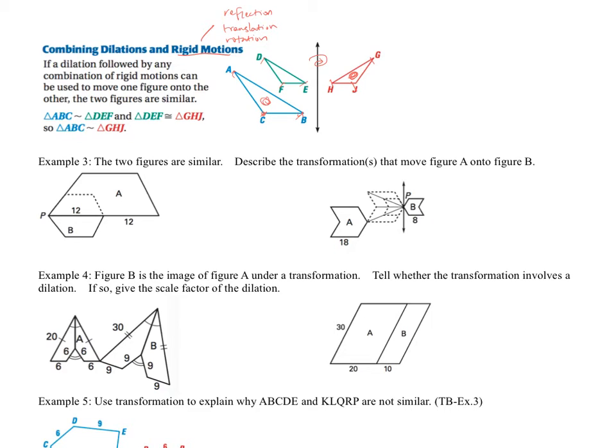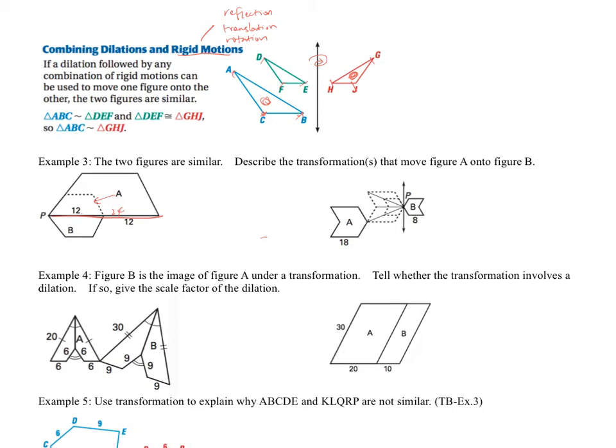So let's look at an example here. The two figures are similar. Describe the transformations that move figure A onto figure B. So here we first have a dilation, so this bigger image has shrunk, and this total length right here is 24.